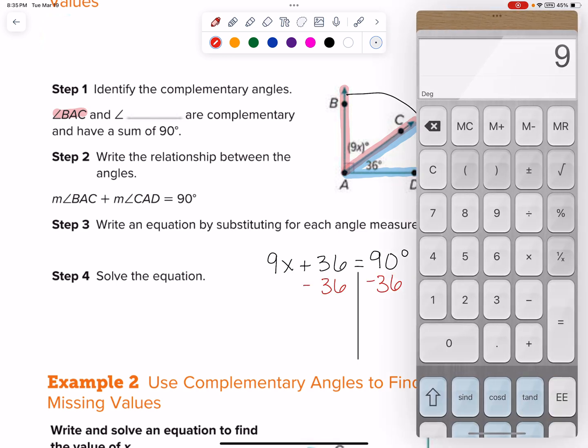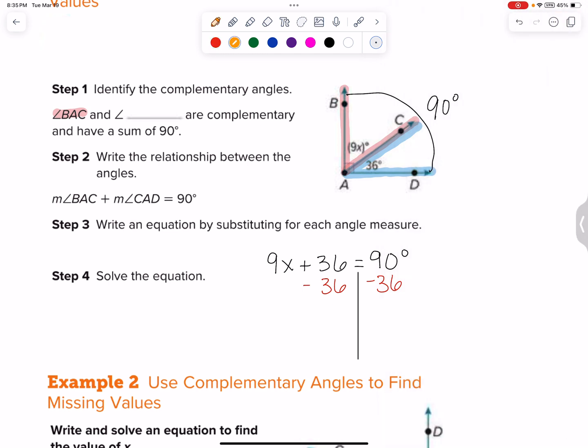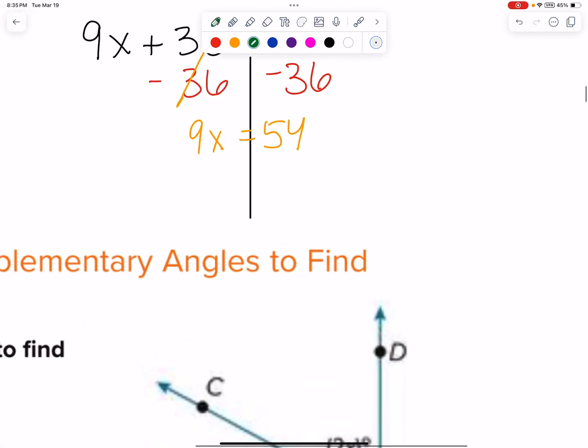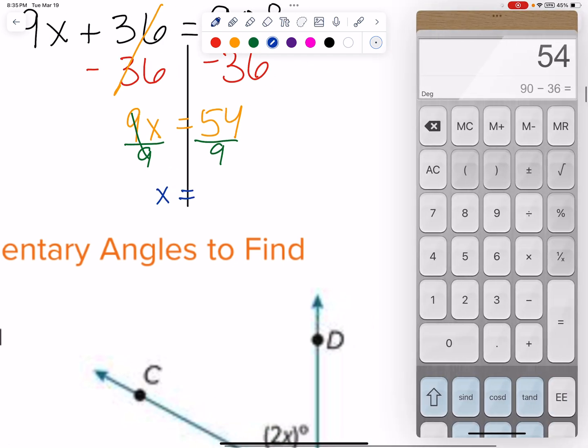Go ahead and do 90 minus 36, and we have 54. So this crosses out. We have 9x equals 54. And then let's isolate the variable, solve for x. Divide both sides by 9 like we normally would, and we end up with x equals 9 times what is 54? 6 times 9 is 54.